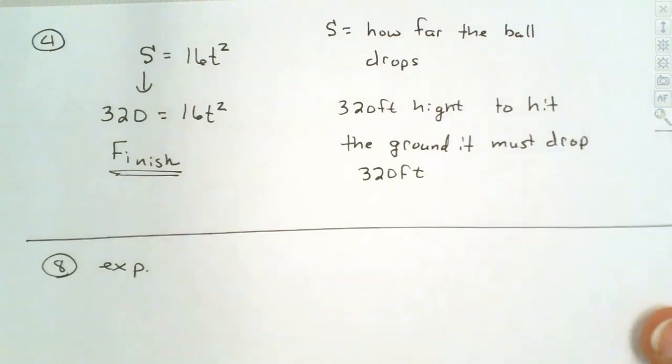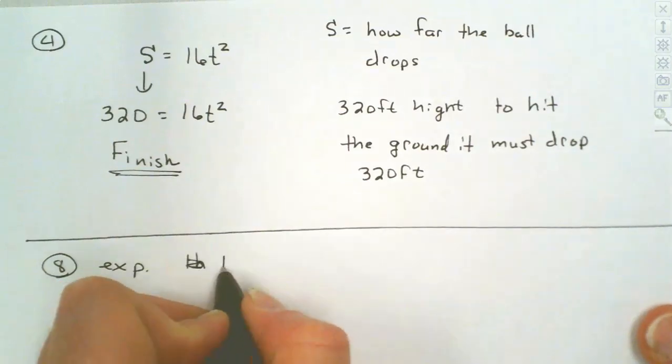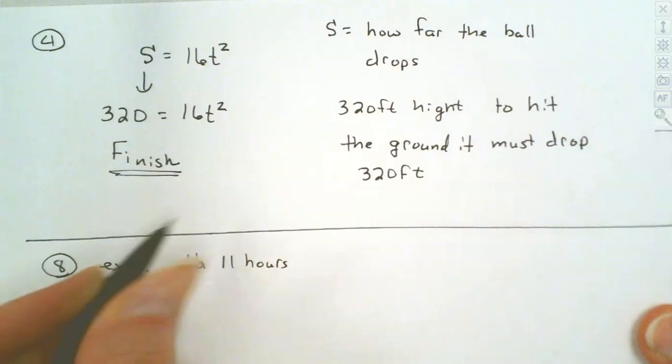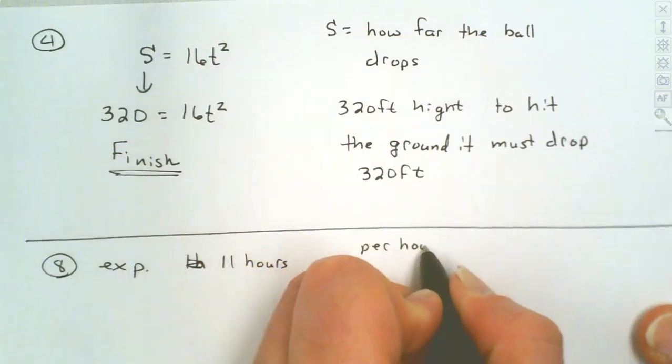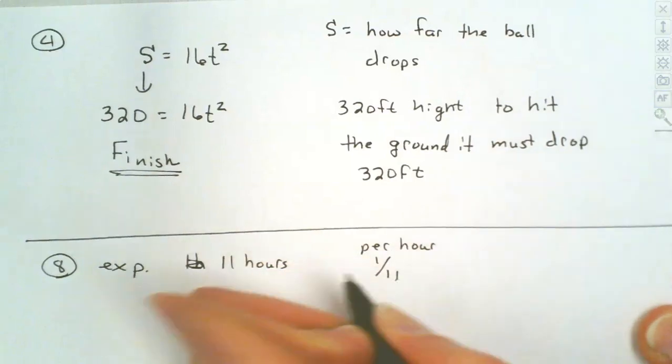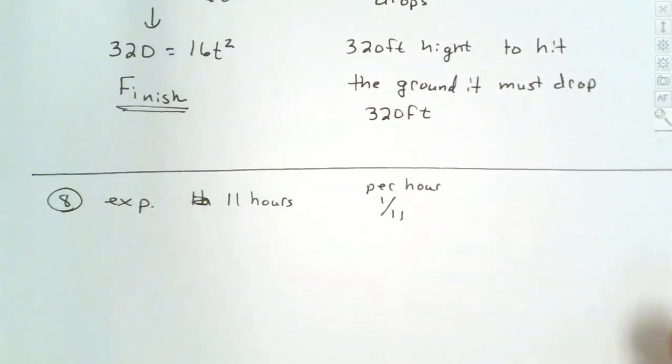And that experienced accountant, it takes him 11 hours to finish. So how much is done per hour? Well, per hour, he does 1/11 of a tax return. Okay, so it takes him 11 hours to do it. So in 1 hour, he does 1/11.